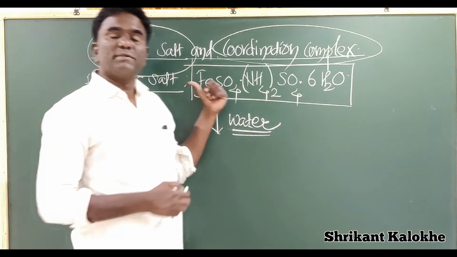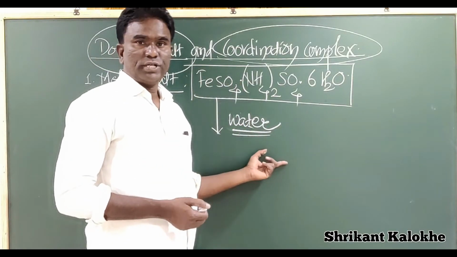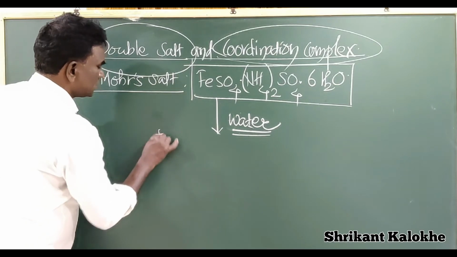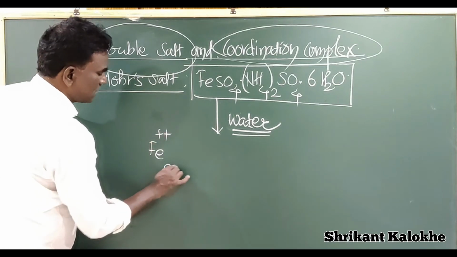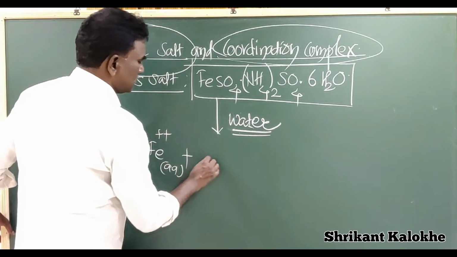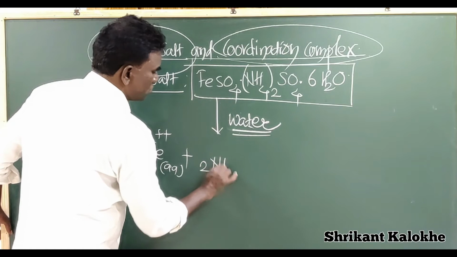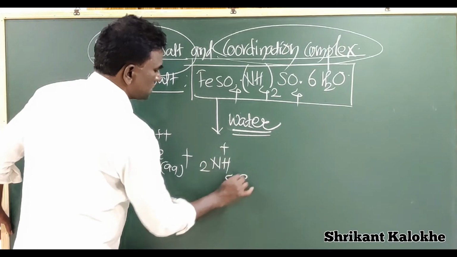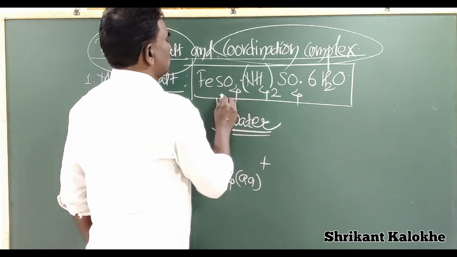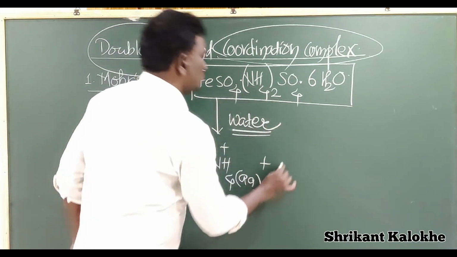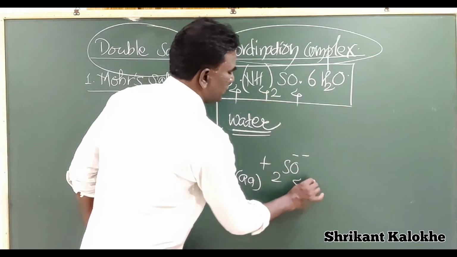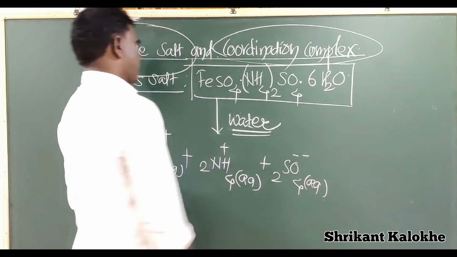What happens when this Mohr's salt dissociates in water? It simply gives aqueous Fe++ ions plus 2 NH4+ ions plus 2 sulfate ions in the aqueous form.